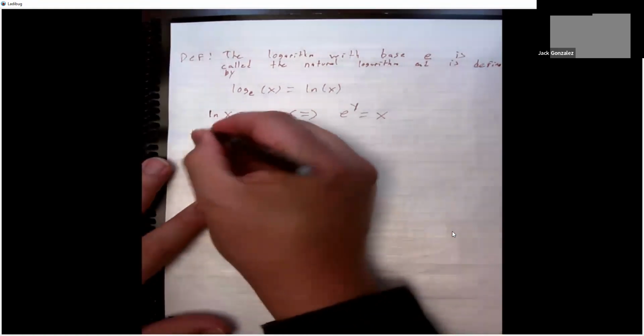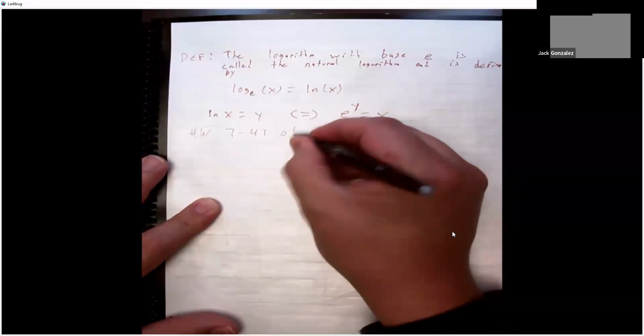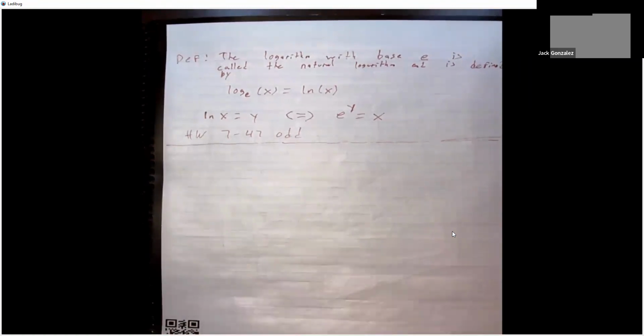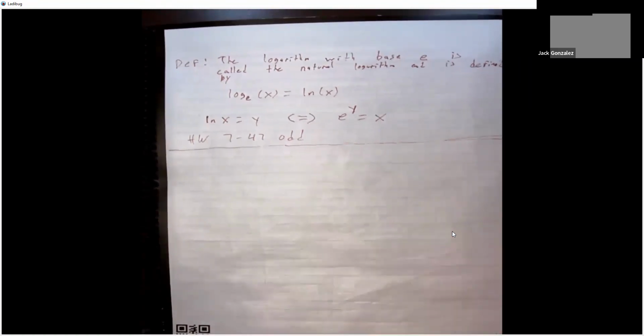Homework 7 through 47 odd. You guys cool on 4.3? The main thing I want you to know is the basic properties and what a log looks like. Main thing.